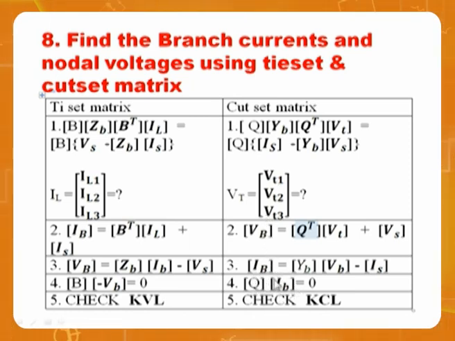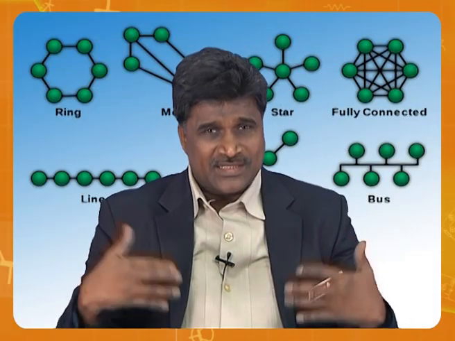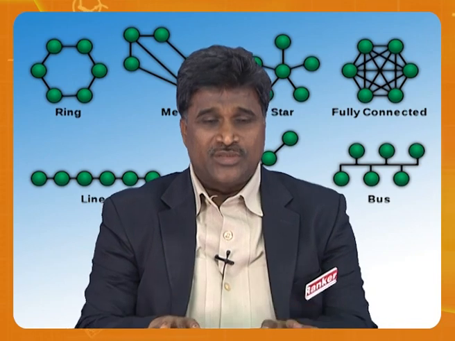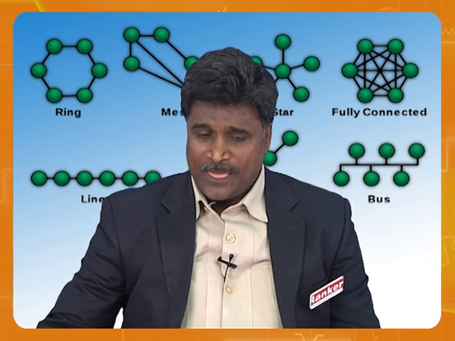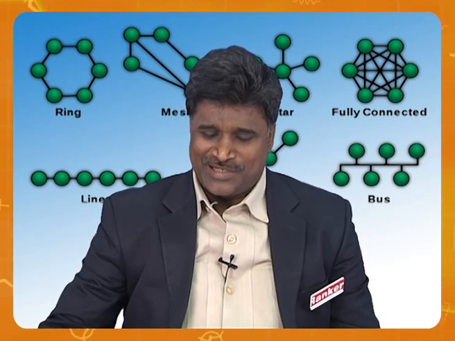If you check this one, it will become 0. That's why this is a check for KCL. So this is about how I brought all the matrices that I taught so far into this and finally achieve. The main target of any problem is branch currents, branch voltages. So we can achieve branch currents here and branch voltage here, branch voltage here and branch currents here.